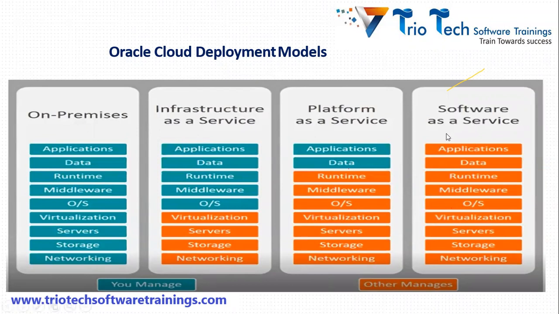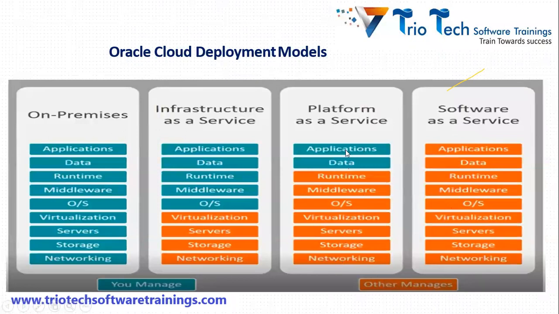If you see here, for software as a service, the application, data, runtime, middleware, operating systems, virtual servers, storage, and networking are all handled by Oracle when it comes to cloud deployments of Fusion applications. Similarly, for platform as a service, they also handle all these aspects.